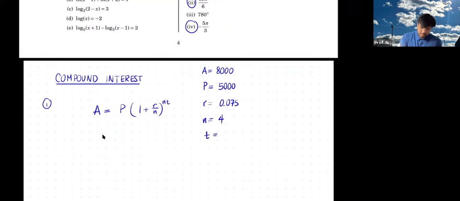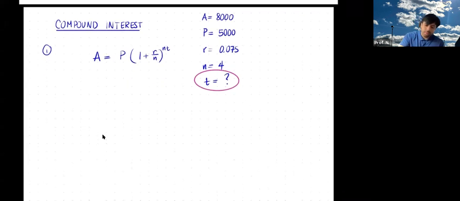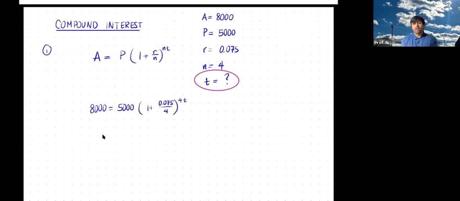And what does t represent? t is what you're trying to figure out. t is missing. t is a variable, and t is in the exponent, so we have to use logs eventually. So for now, I'm going to plug in everything. I got 8,000 equals 5,000 times (1 plus 0.075 over 4) raised to the 4t. So this is my equation. I have an exponential equation now.